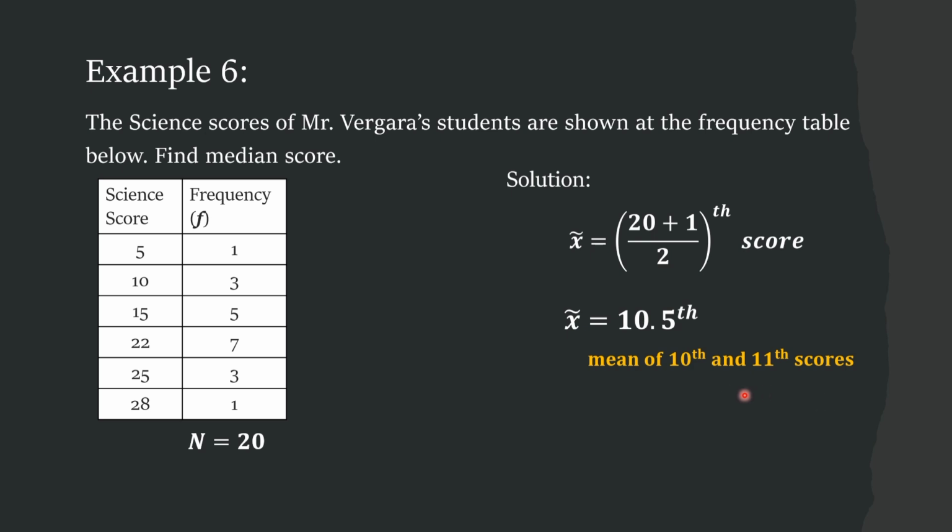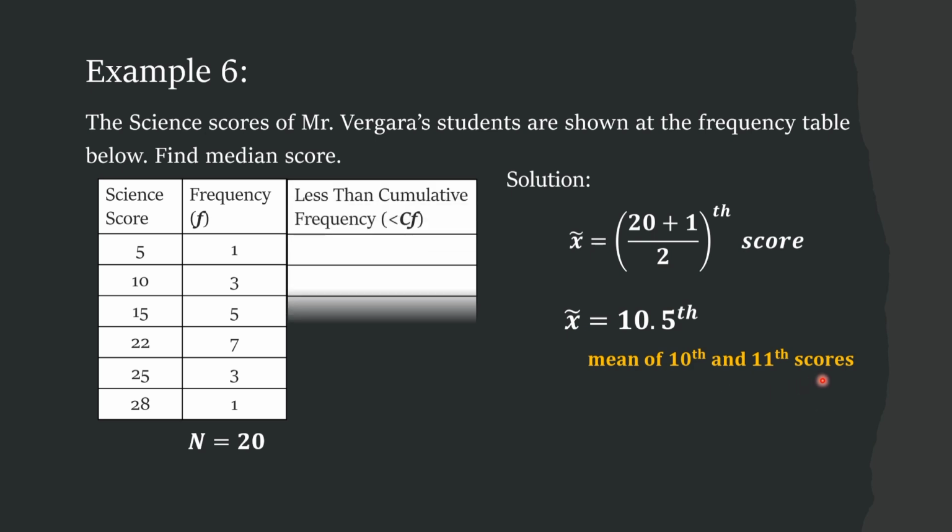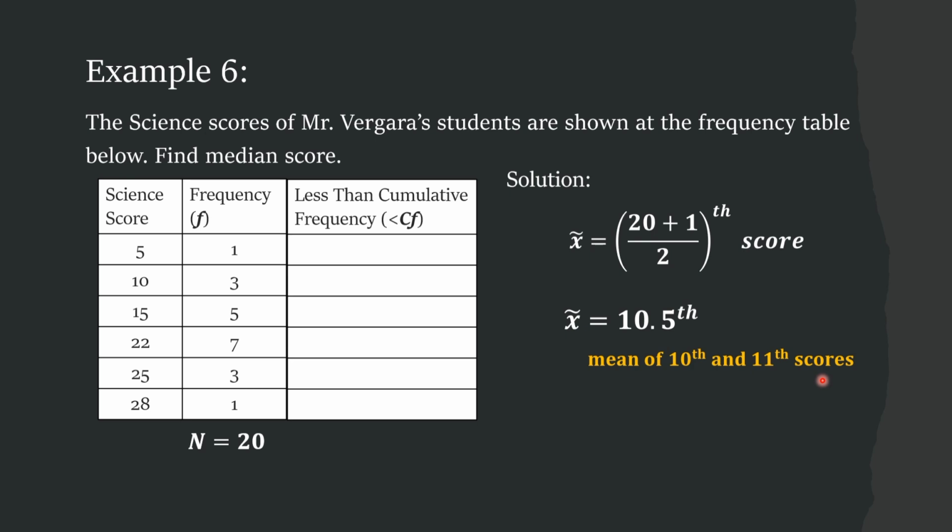To find the 10th and 11th score, we need the less than cumulative frequency. This is summing up the frequencies that are less than or equal to a particular value.